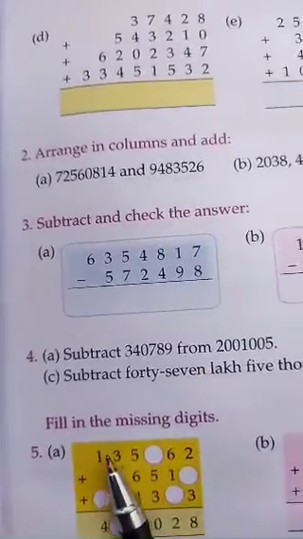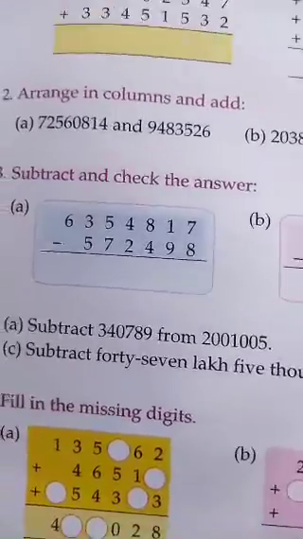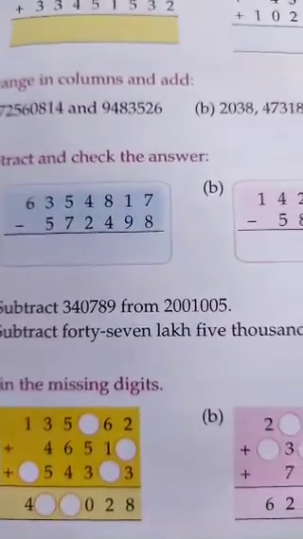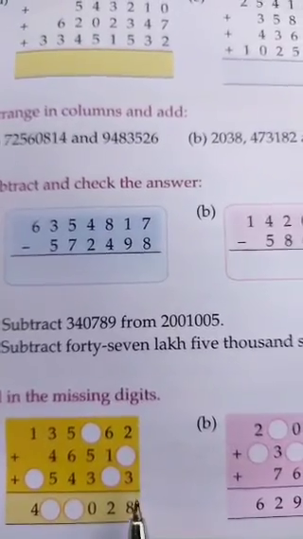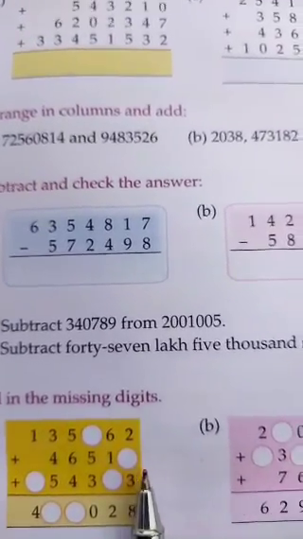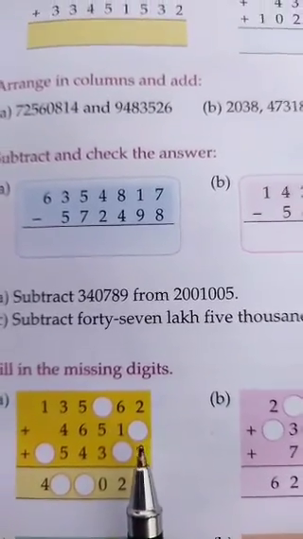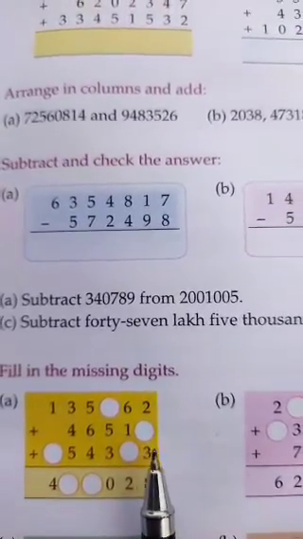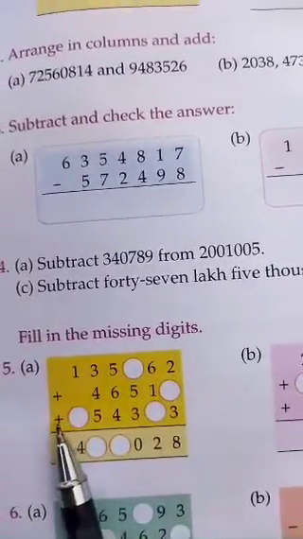Now coming on to question number 5. Fill the missing digit. This is a bit tricky question. You have to see what we have to fill in this column. What number has to come in the blanks in this circle. See, here this is addition.